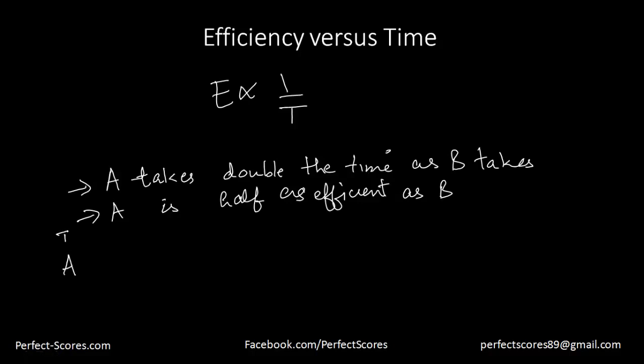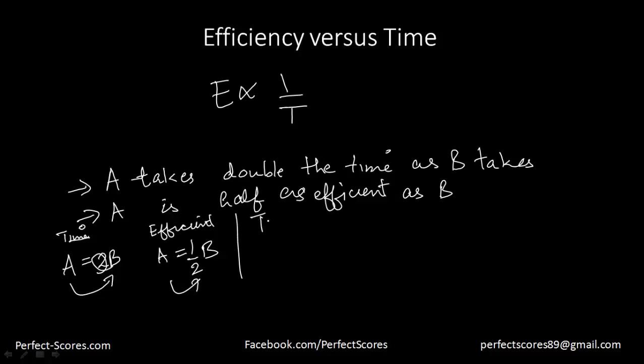In terms of time taken, A is equal to 2 times B; then in terms of efficiency, it inverts and A would be equal to 1 by 2 of B. If A takes double the time of B, A is half as efficient as B.